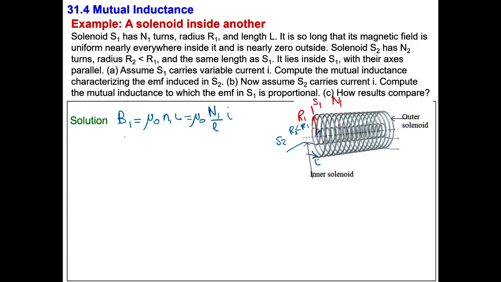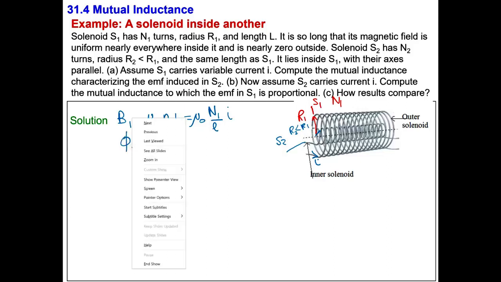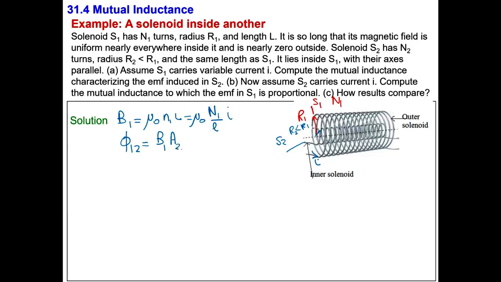So the flux through 2 caused by 1, this is only one turn, is going to be just B1 times the area of coil 2, correct?